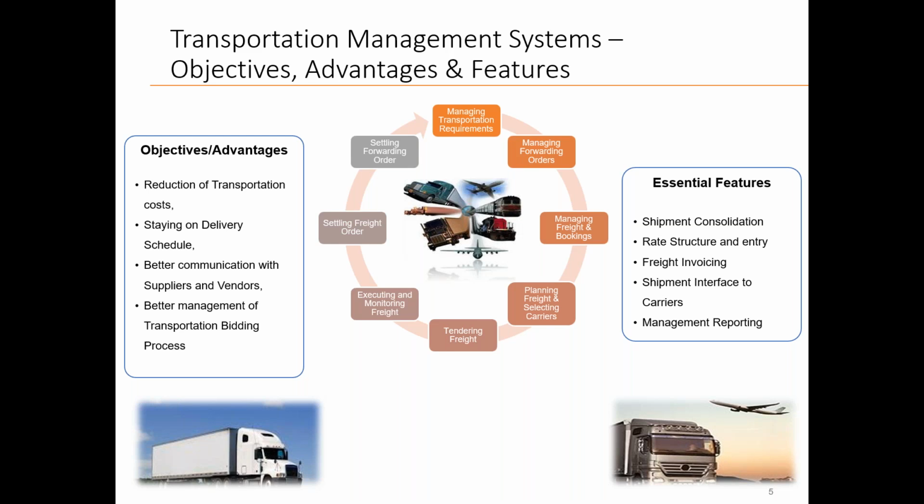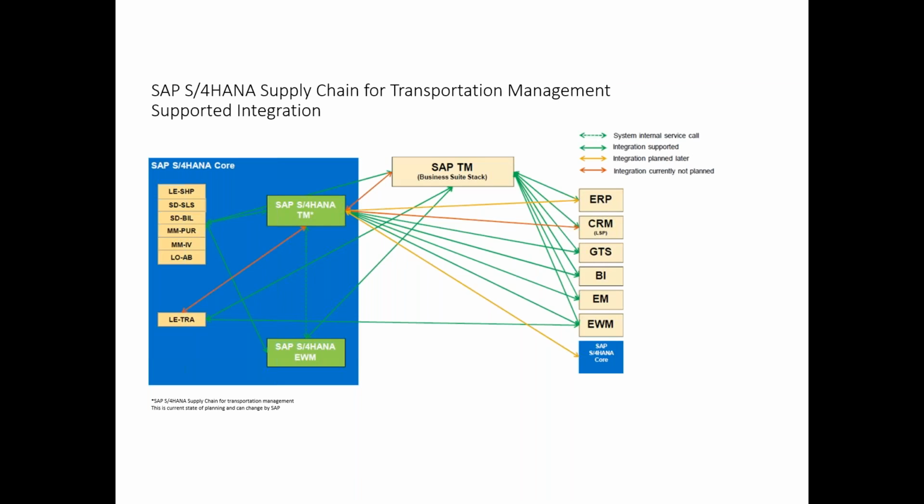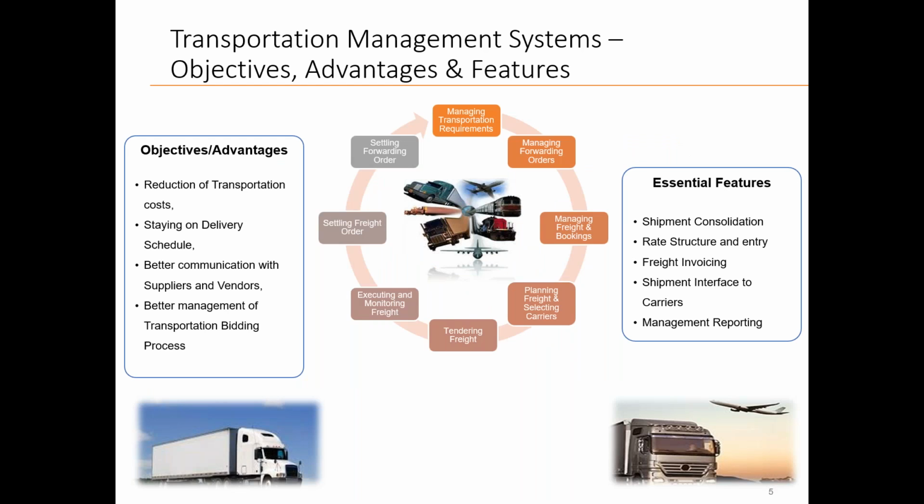When transferring this, we do not have an option of directly transferring. We use a mechanism called a core interface for master data, and for transactional data we use something called PI or XI, which transfers the data from one system to another. Sorry to interrupt, so you mean interfaces, right?